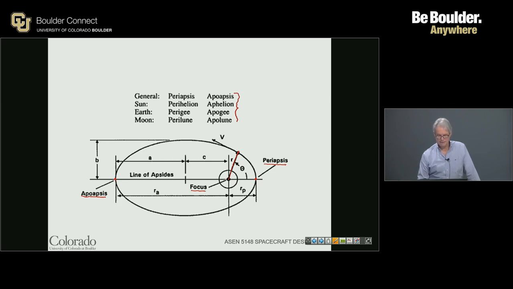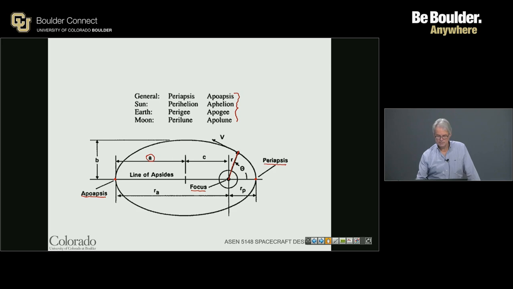And then we would need another factor called A, which is the semi-major axis. And A is just half of the distance from periapsis to apoapsis. So if we know what apoapsis is in terms of radius, we know what periapsis radius is. If we add RA plus RP divided by 2, we get A, which is the semi-major axis. Okay? And from this, we can determine what the velocity is.